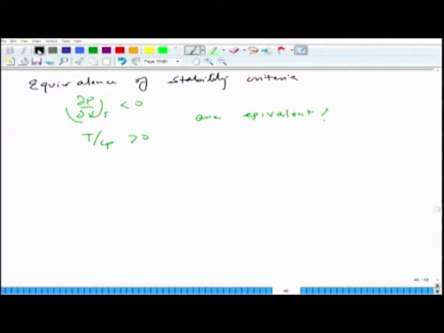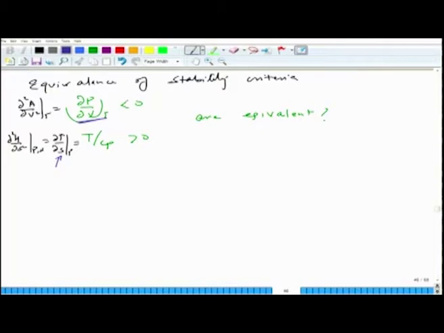Okay, and again we have to go back to the basic definition. So this is nothing but del square H by del S square, because this is del T by del S at constant P. So I will just consider the pure system, and this is del square H by del S square at constant P and N. Okay, and this is nothing but del square A by del V square at constant T. So what we are trying to do here is to make use of the fact that there is an entropy coming in this expression, so we can try to introduce entropy and relate this expression to the entropy changes.